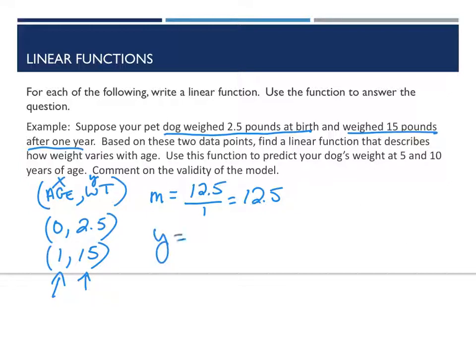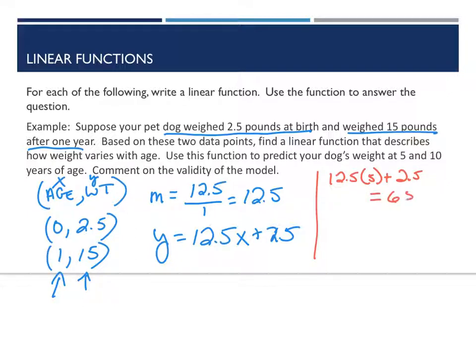So I can write my model as y equals 12.5x plus his original weight was 2.5. Now if I want to see how much the dog weighs at 5 years, I do 12.5 times 5 plus 2.5 would equal 65 pounds.